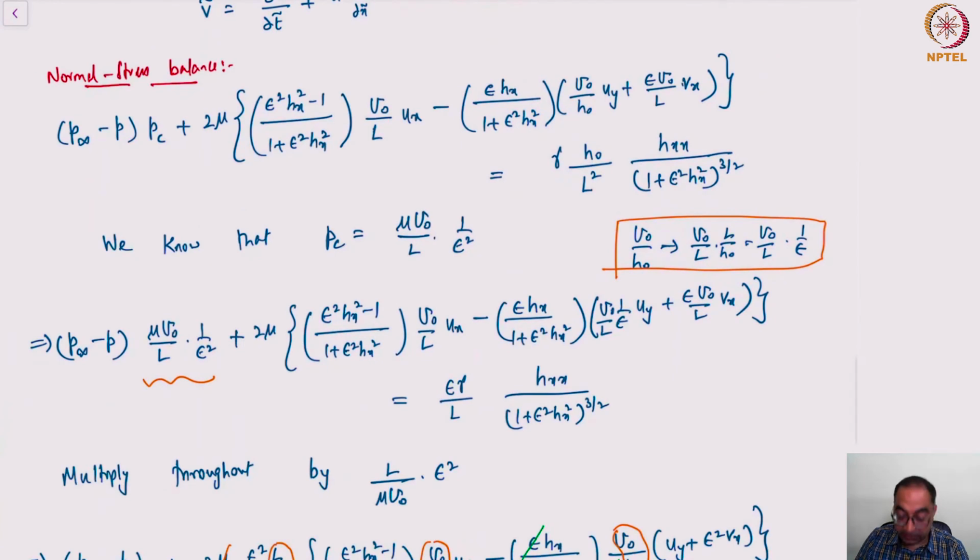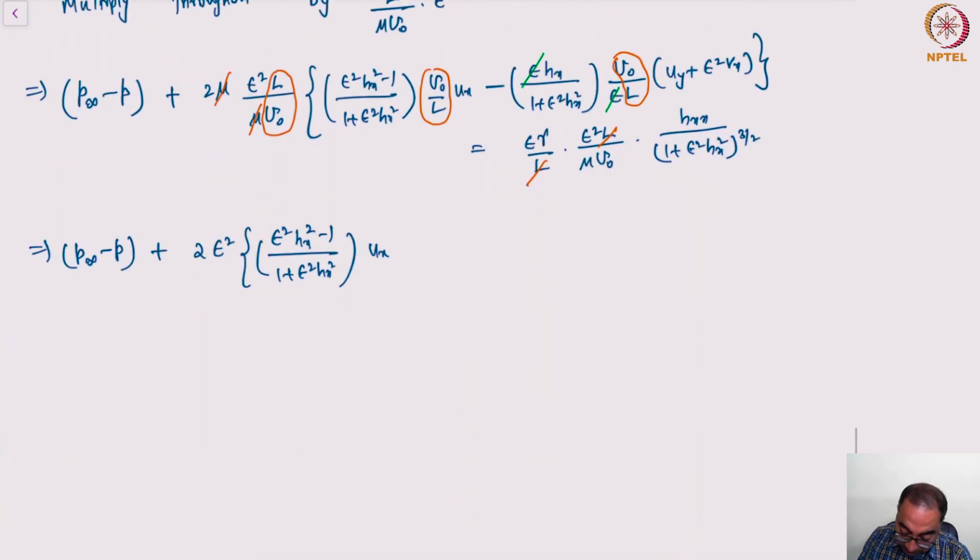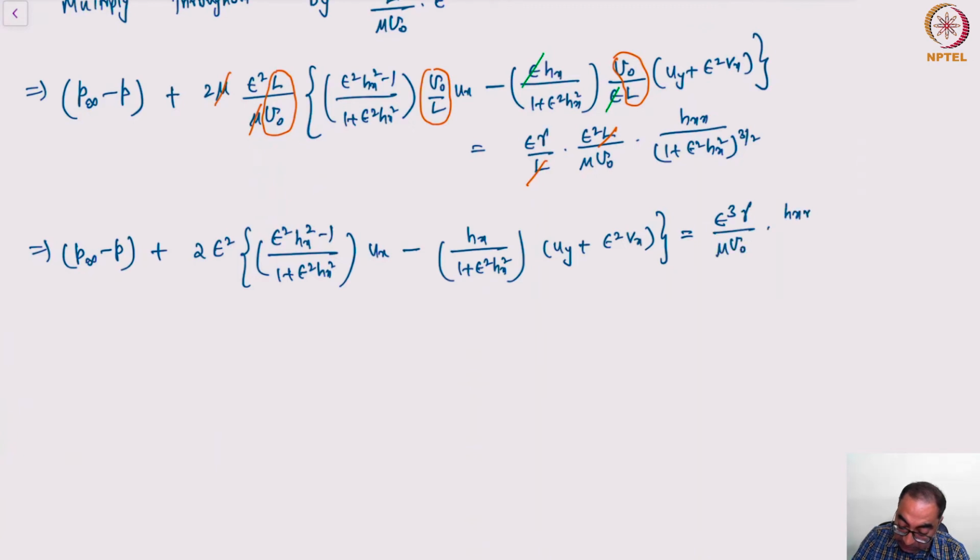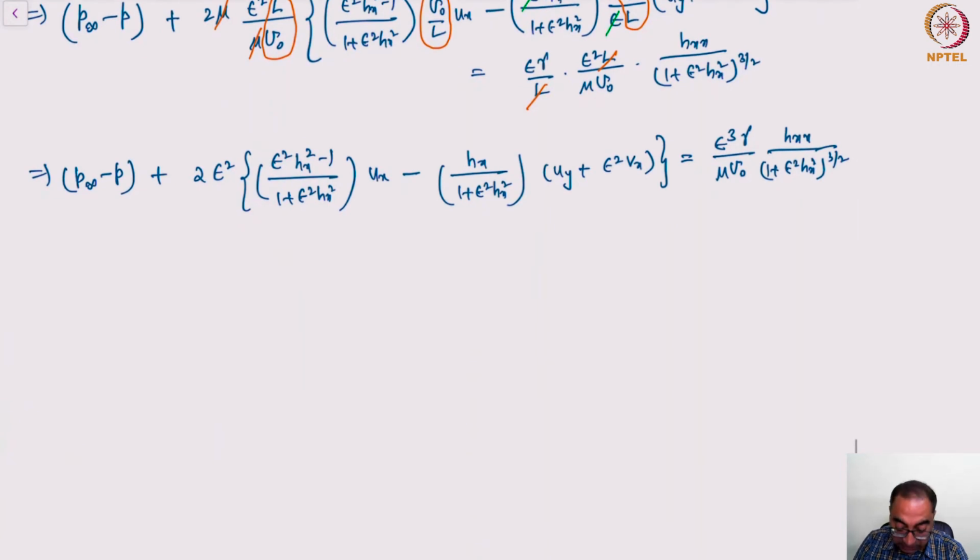This should be ux, okay, minus hx by 1 plus epsilon square hx square times, what do we have here? We have uy plus epsilon square Vx. This is equal to, on the right hand side what we have is epsilon cube gamma by mu u naught times hxx by 1 plus epsilon square hx square whole power 3 by 2, right? This is what I have.